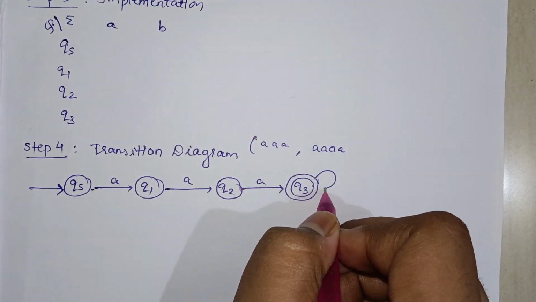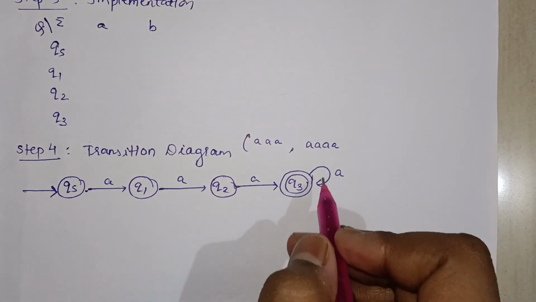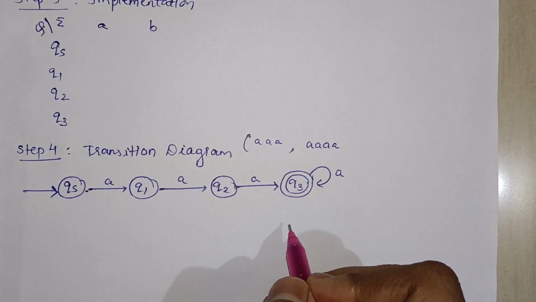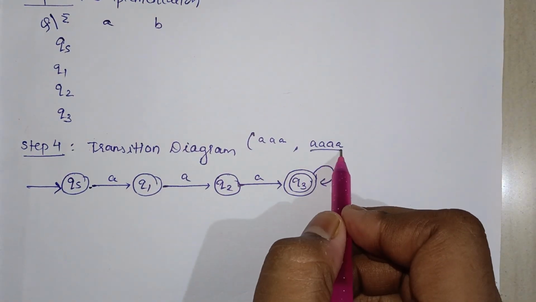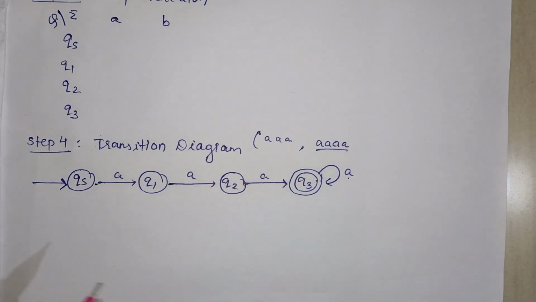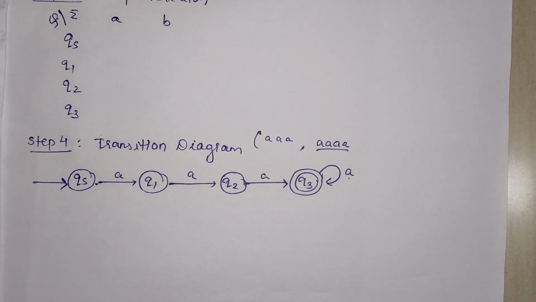What we will do, we will make a transition here only, a loop on the same state, and it will accept this also. Now we have to give the transitions for the other input symbol b.